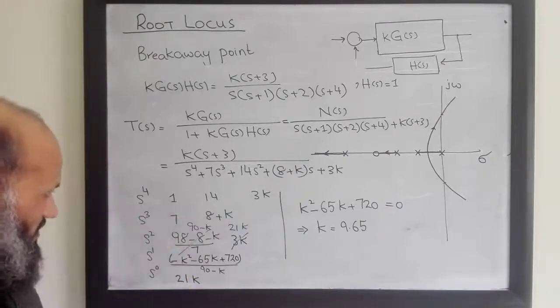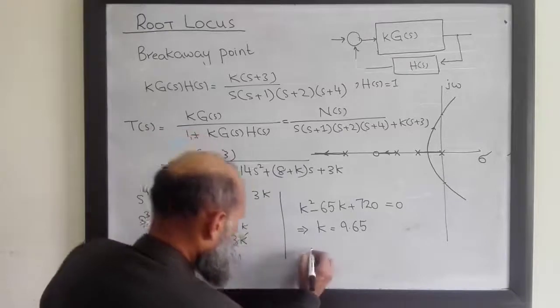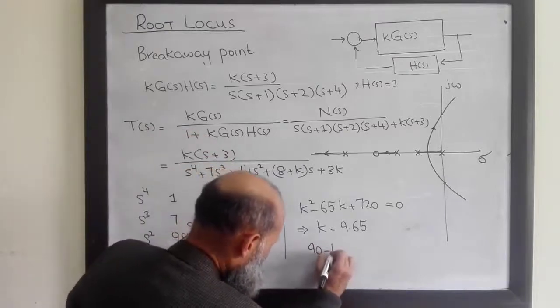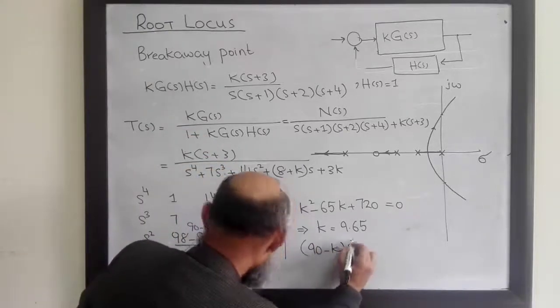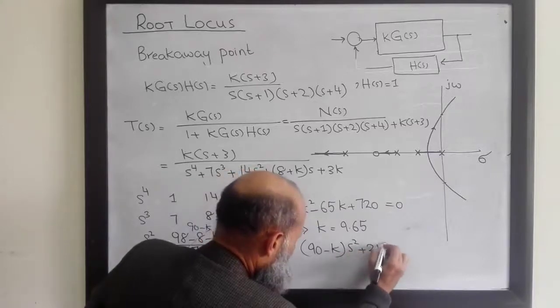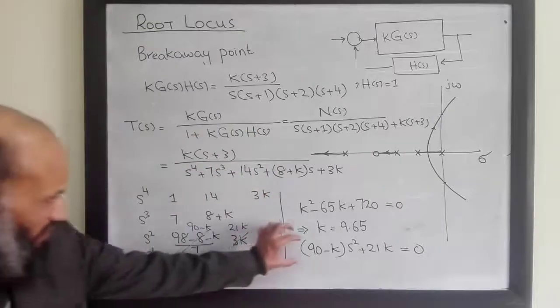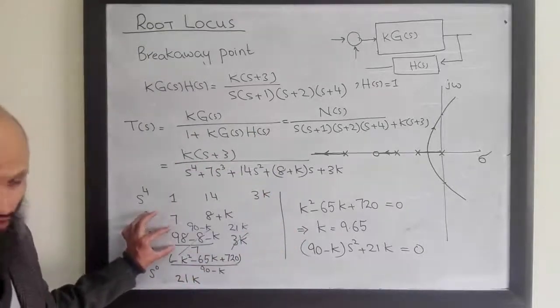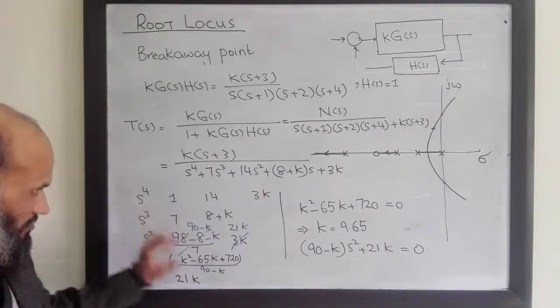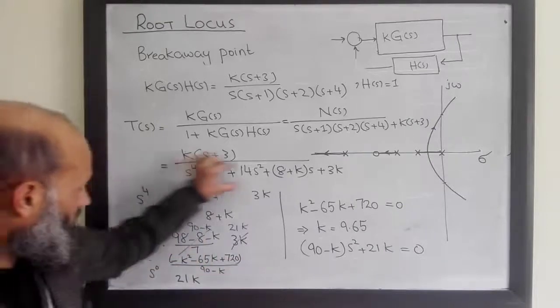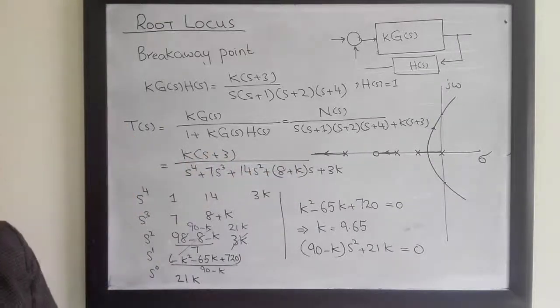So let's construct that polynomial from this row. 90 minus k s square plus 21k is equal to 0. This polynomial, which is constructed from the row above the 0 row, is basically a factor of the original polynomial.